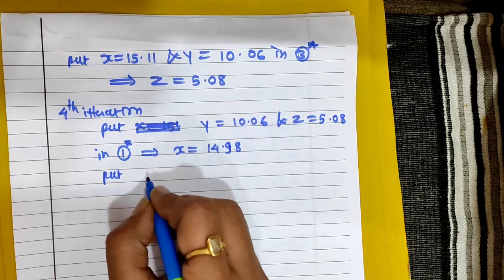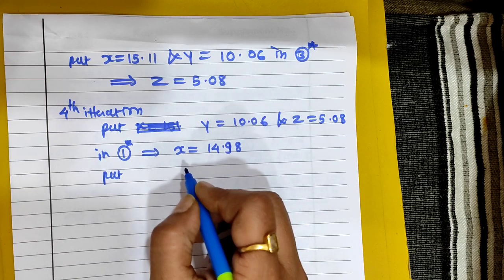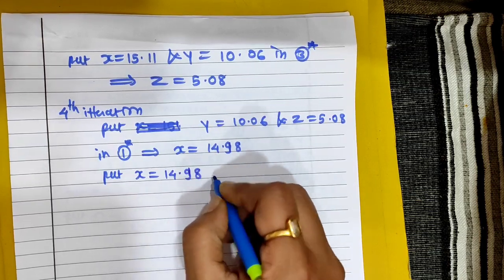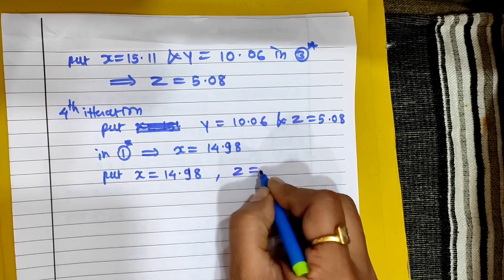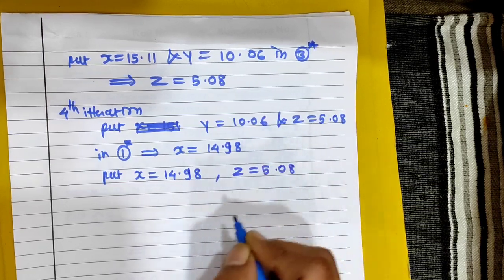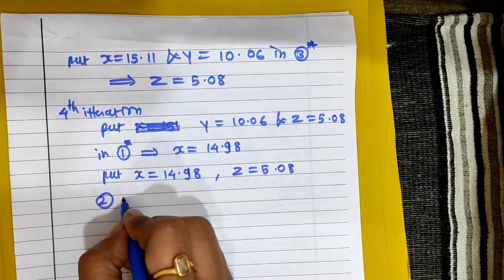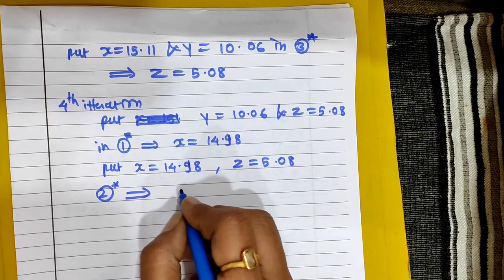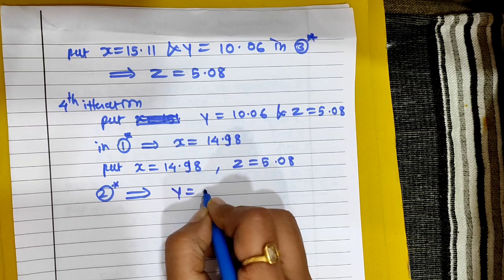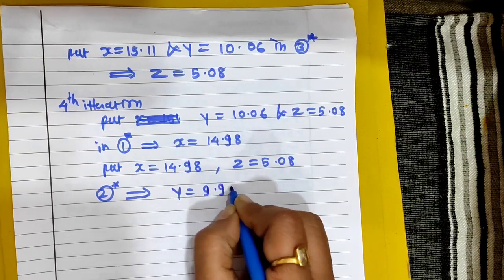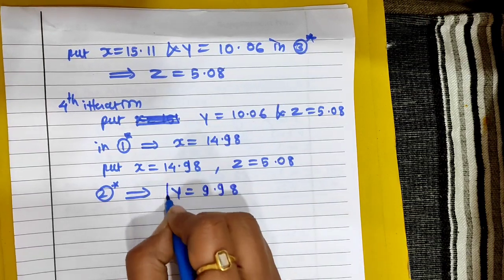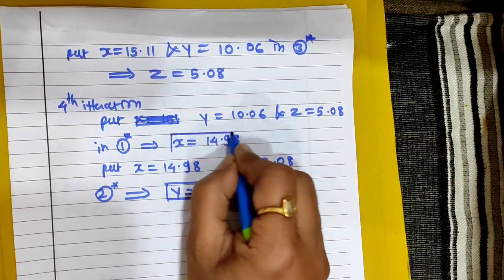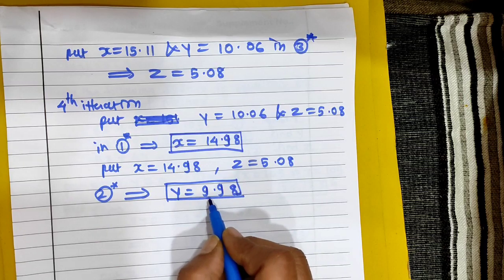So put x equal to 14.98 and z equal to 5.08 in equation 2 star. After substitution, you will have to do one calculation yourself. Where to put it? In the 2 star equation. Use the calculator and you will get the latest value. This is the latest value of x and this is the latest value of y in the fourth iteration.